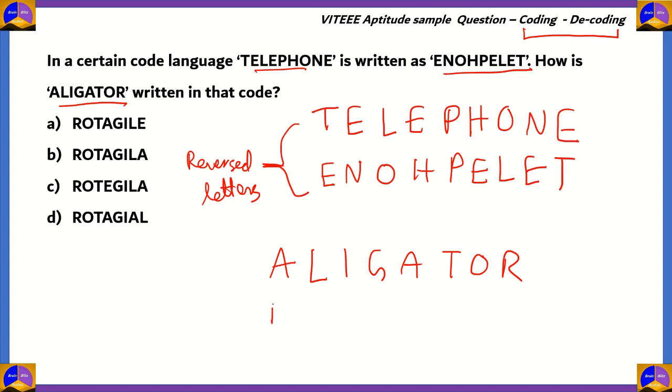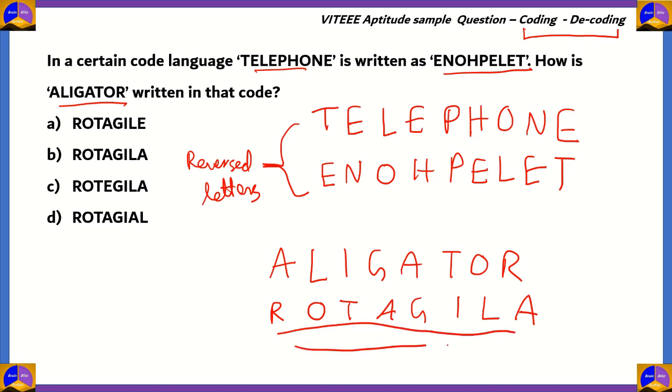So the first letter will be R, then we have O, and then T, then A. After that we have G, then I, then L, and finally A. So this is the code word for alligator. And if you look at our options, you can see that option B turns out to be the correct option. If you want to check out the other options, all you have to do is reverse the order of the letters.